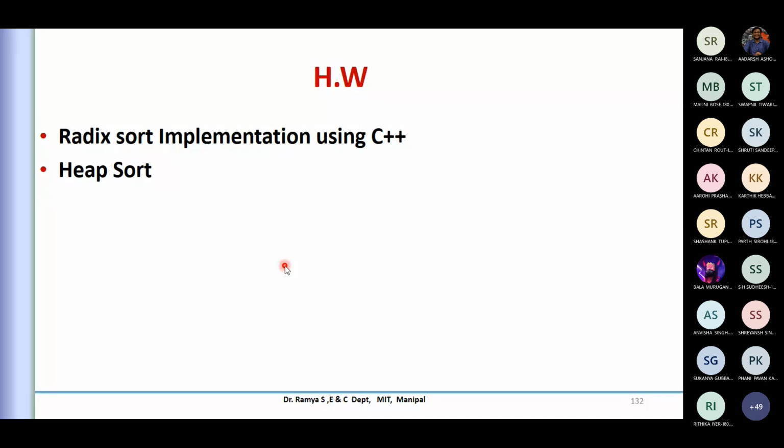So from the next class onwards we will be going with graphs. Sir will be taking graphs and how to represent any data structure or representation using a graph. It is a very important one. Why?